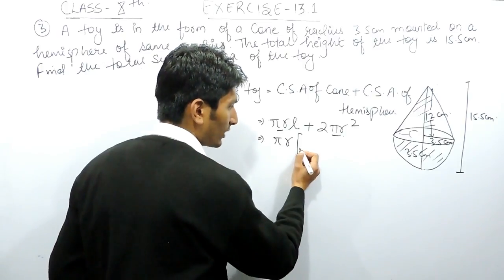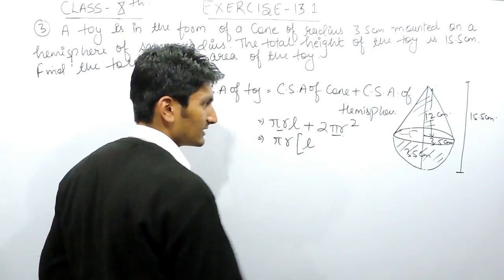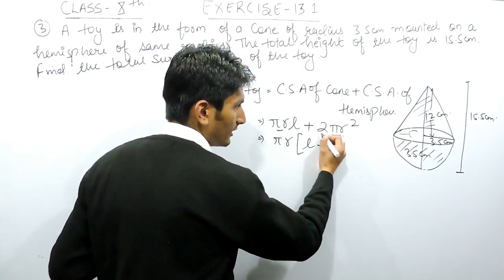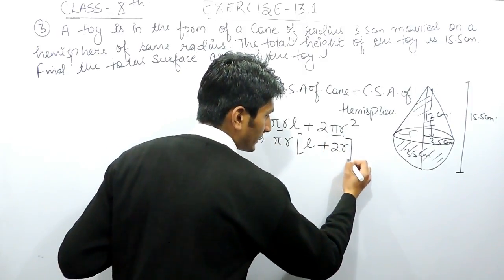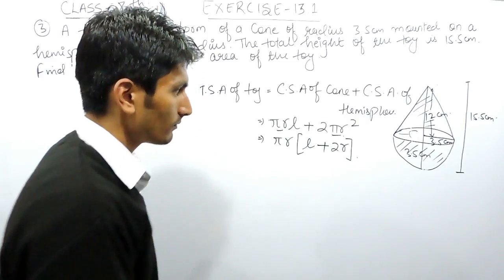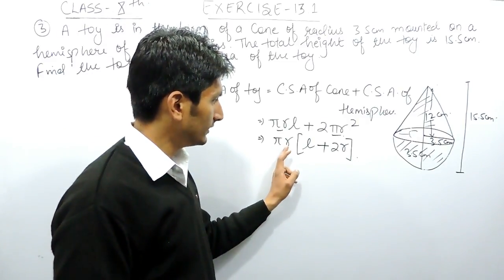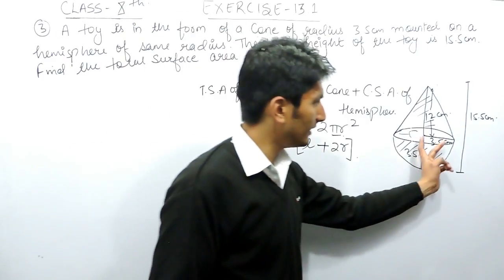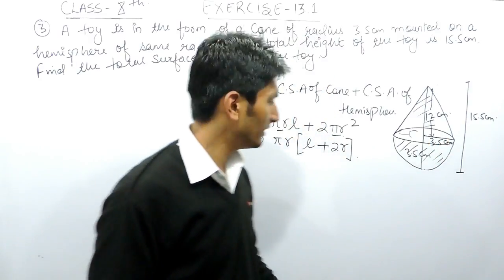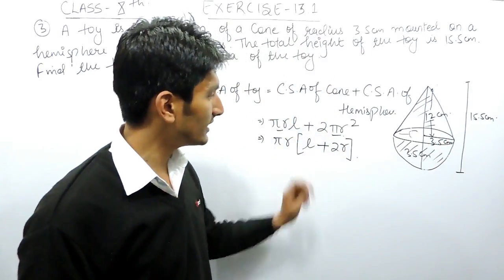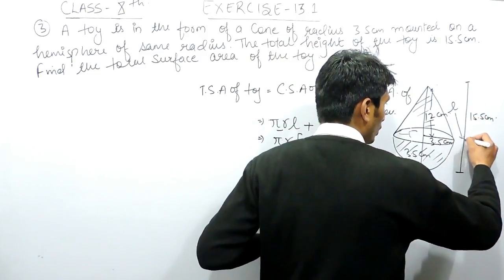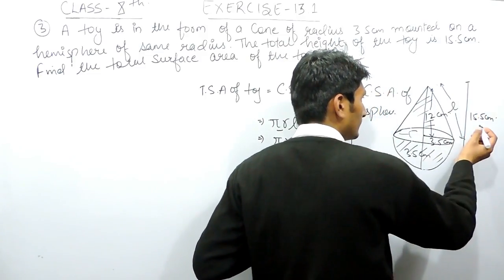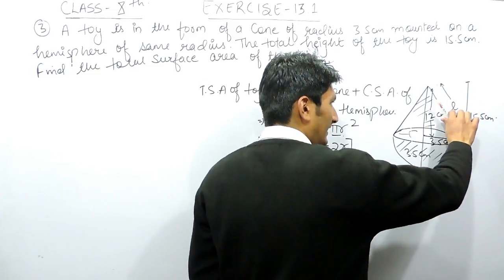So if I take pi r common, only L will remain inside the bracket, plus from this, if pi r is taken out, only 2r will remain inside the bracket. Now the value of r known to me is 3.5, but I have to find out the value of L, which is the slant height of this cone. This is the slant height which is a bit tilted here.